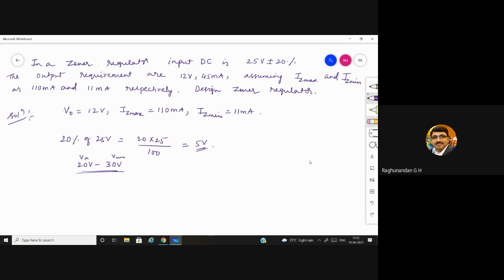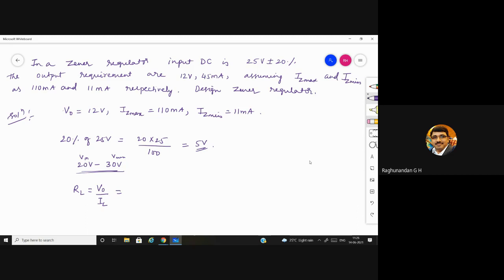Also, design the Zener regulator means we need to find the resistance value. In the question, even the load value is not given, so first find the load resistance. The formula is output voltage divided by output current, where output current is the load current.